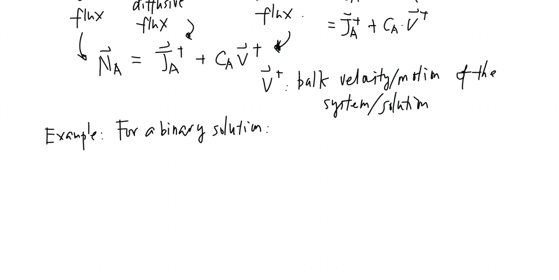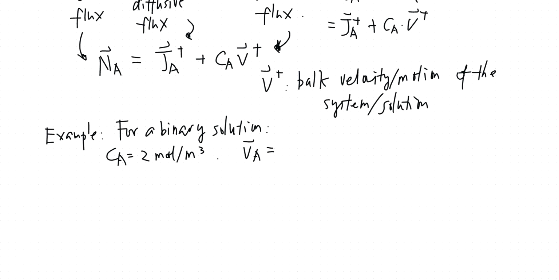We have CA equal to 2 mole per meter cube. And the velocity of A is a vector, which means it can be in any direction of three-dimensional space.